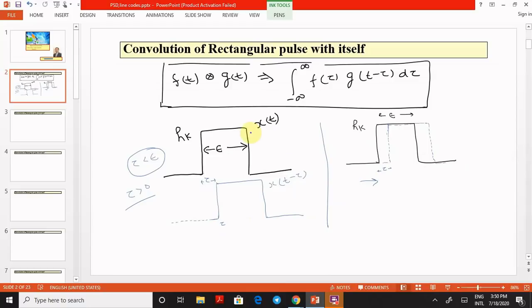Now if we want to convolve, or calculate the multiplication of these two waves, we can split this multiplication into three regions.